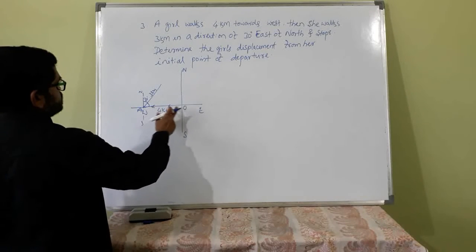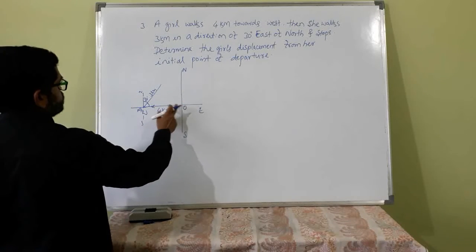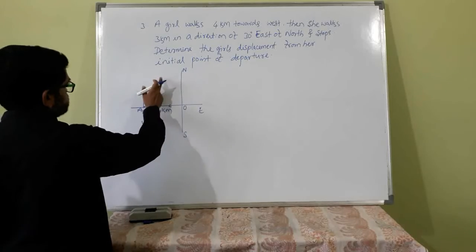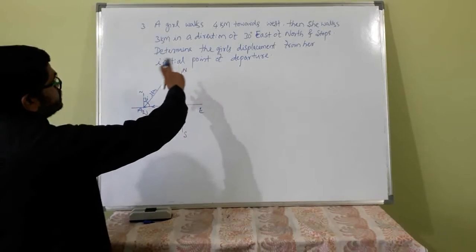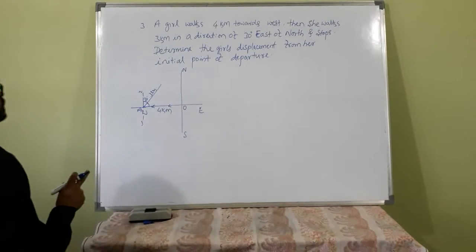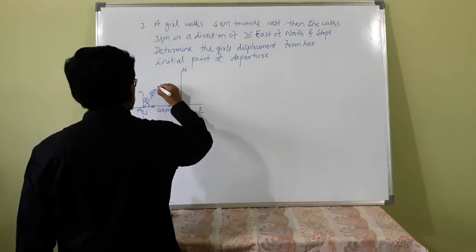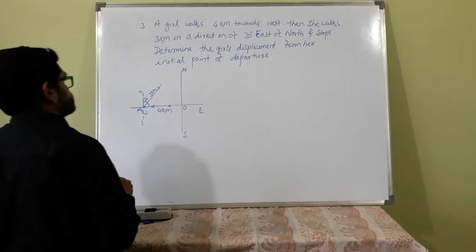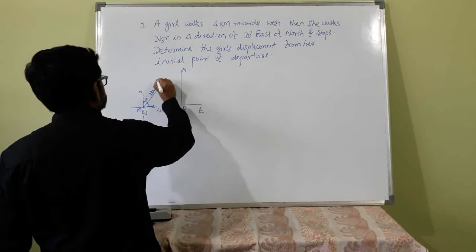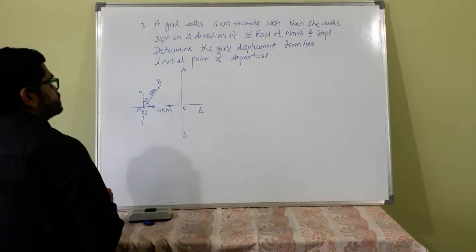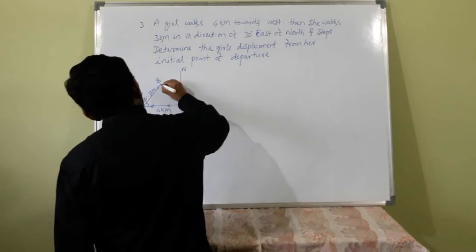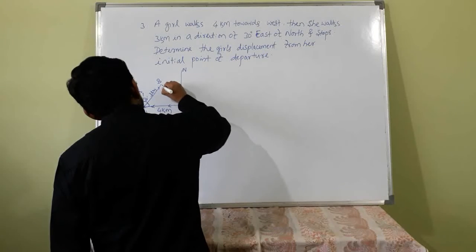She starts from O and comes to A, then turns in east of north direction. Suppose she stops here, B. What is the displacement of this?